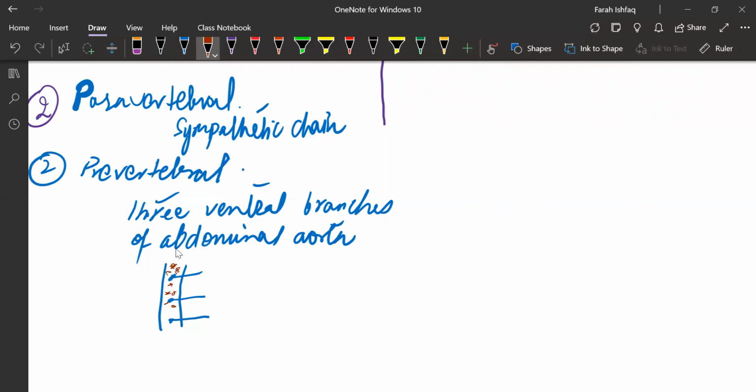These are known as the prevertebral sympathetic ganglia, and the third one is the adrenal medulla. So these are the three sites where the postganglionic neurons of the sympathetic nervous system are located.